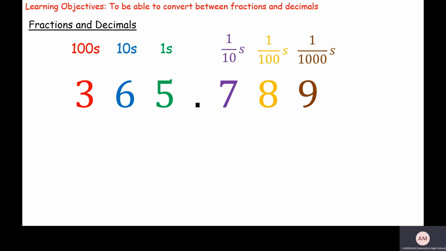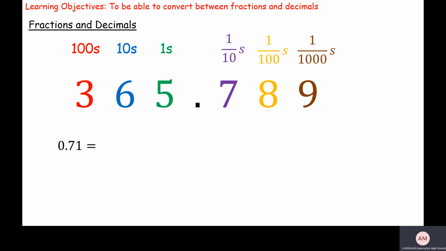So let's have a look at converting a couple of these. So 0.71. Now, you might know the answer, but let's talk about why. Let's get a good understanding so that we can apply it to different things. So 0.71, it is nothing in the ones column.